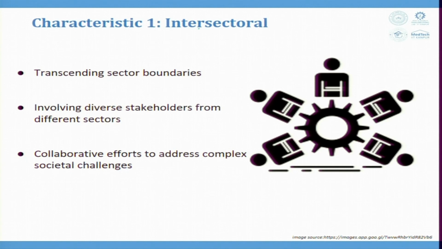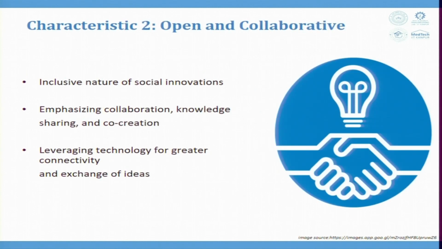So, these are all intersectorial. So, intersectorial is the first thing, breaking boundaries and taking all the stakeholders to a single platform. Next is open and collaborative. Open and collaborative means you try to accept the feedback or criticism which is given by customers and then start accepting them, then develop products.